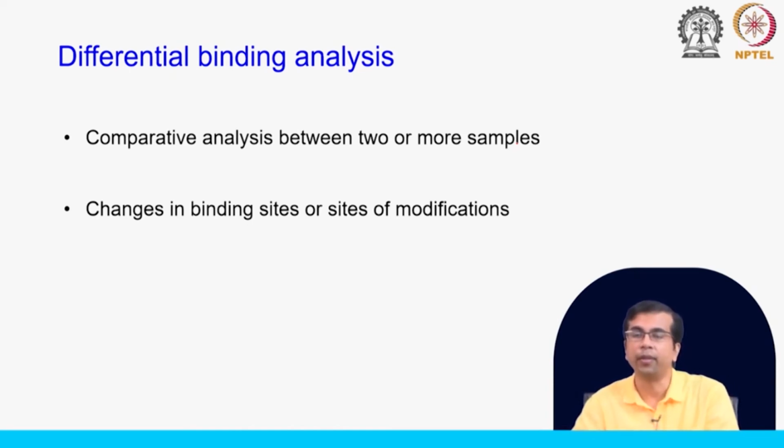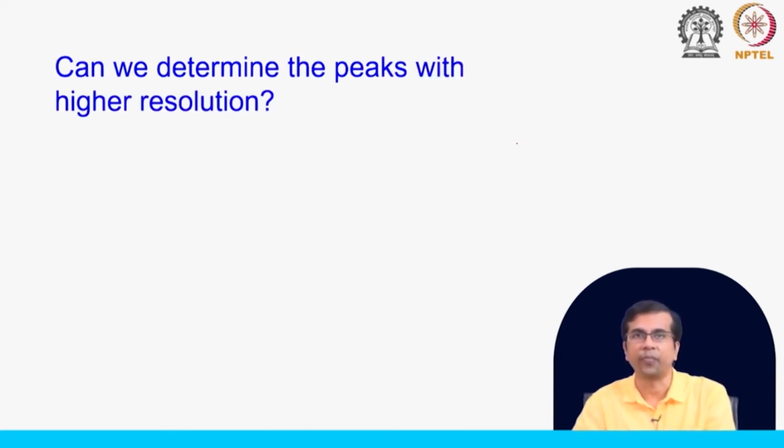This could be very useful if you want to compare transcription factor binding sites between two different conditions or between diseased and healthy samples, very similar to what we talked about in transcriptome analysis. We talked about differential gene expression analysis, and similarly we can do differential binding analysis for transcription factors, and then of course, we can connect this to the transcriptome data, to see whether these differences in binding of transcription factors can influence the gene expression pattern.